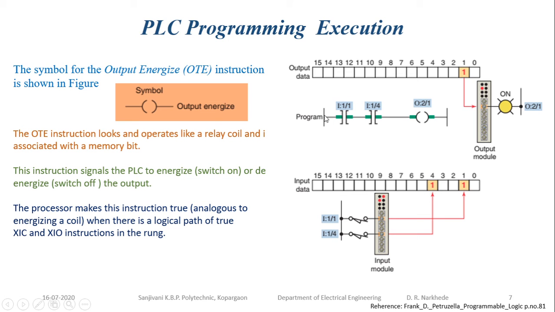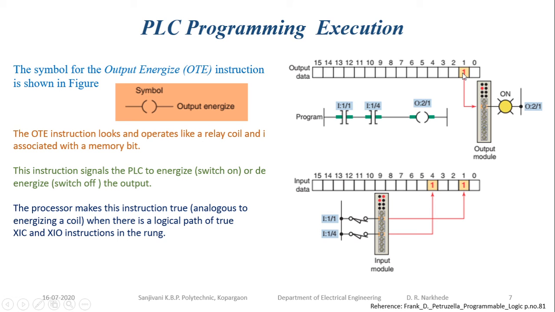Now here my program is this: to the input module I have connected one switch at terminal 1 and another at terminal 4. So this is my I1 switch and this is my I4 switch. When both switches are on, at that time the output coil gets energized.